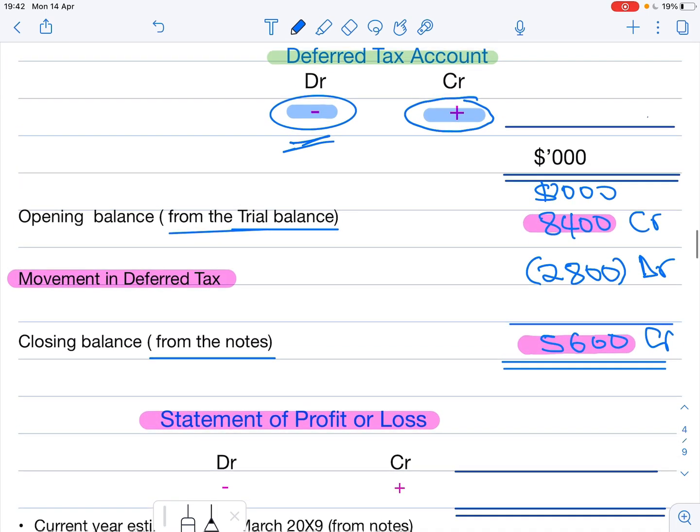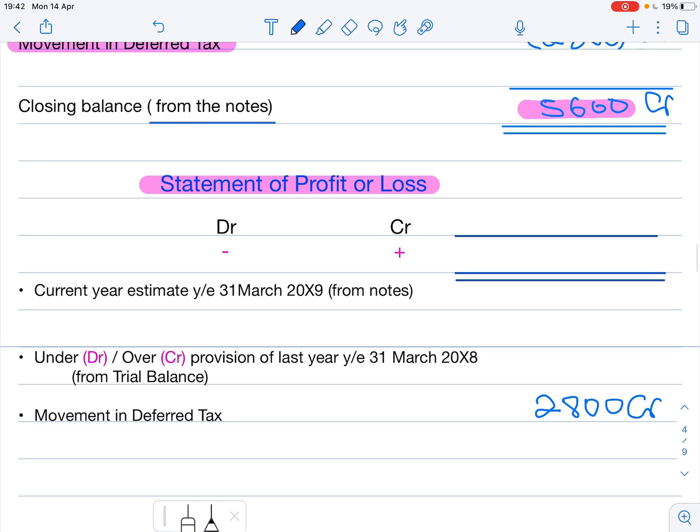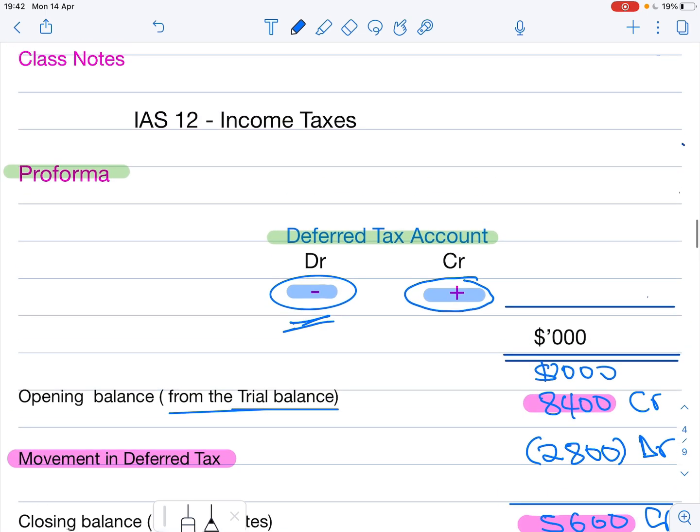So 2,800 is a debit in the deferred tax account, but the corresponding credit entry is in the statement of profit or loss account.